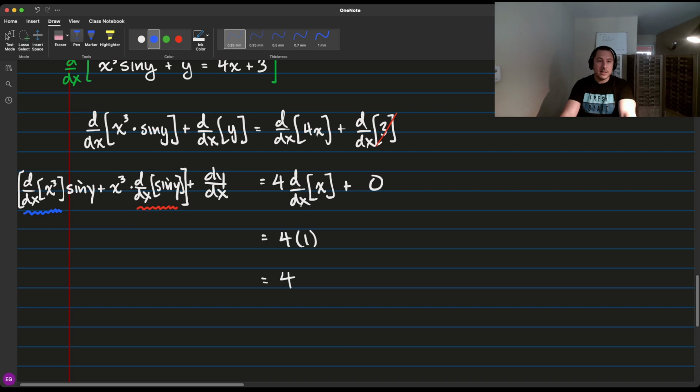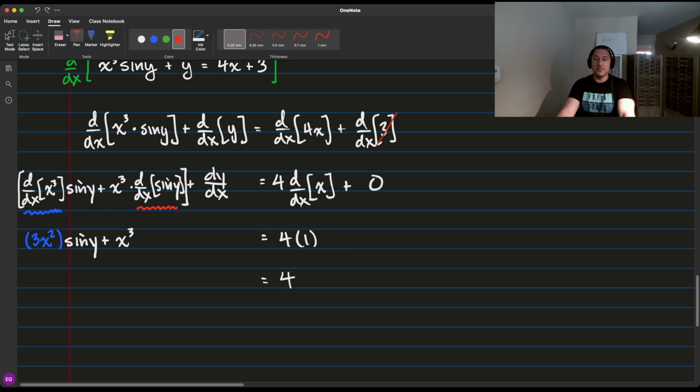So let's do the regular derivative first. The derivative of x cubed with respect to x is just 3x squared. And that's going to be multiplied by sine y. Now, the derivative of sine y with respect to x is more complicated.